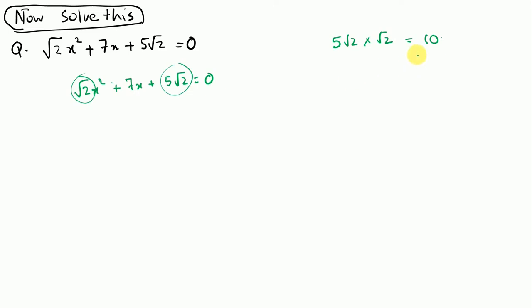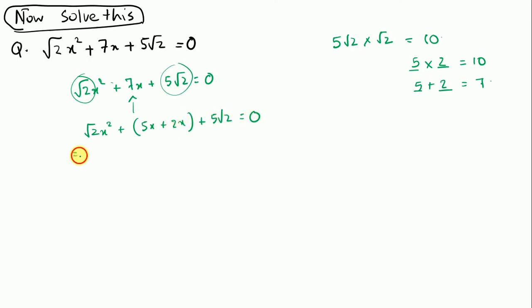Now we have to find a pair of numbers which when multiplied gives 10 and which when added or subtracted gives the middle one, that is 7. So we can write 5 twos are 10 and 5 plus 2 is 7. So instead of 7x, we will write root 2x square plus 5x plus 2x plus 5 root 2 equals 0.